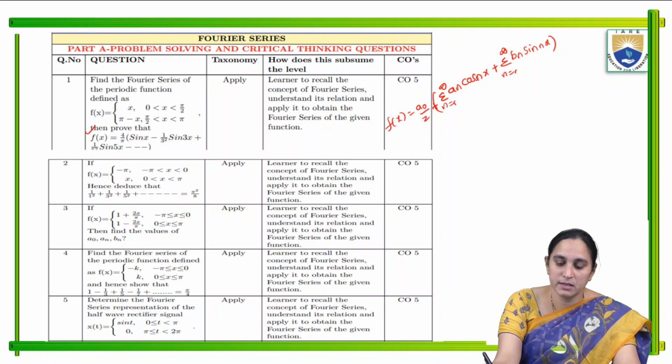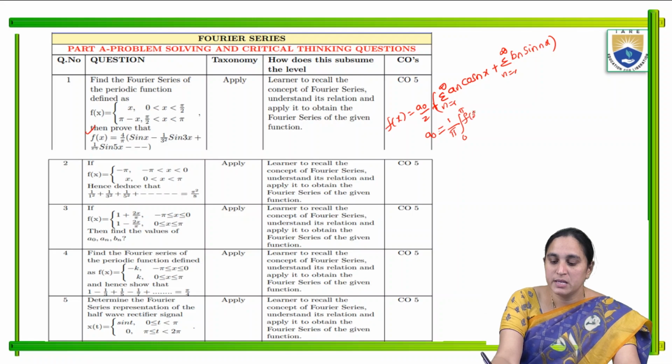For a naught, within the interval 0 to pi, it is 1 by pi into integral 0 to pi f of x dx, and similarly a n and b n.